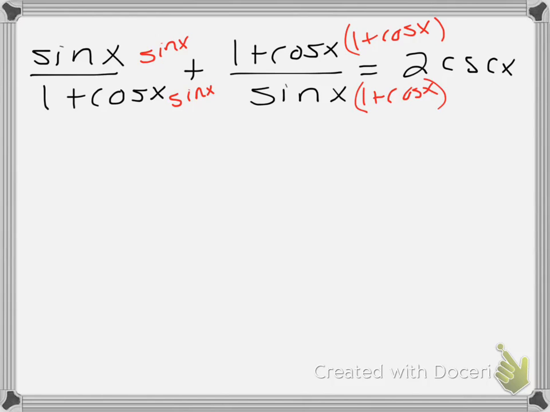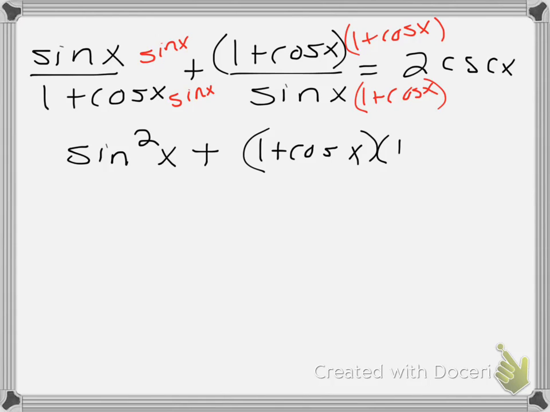Sine of x times sine of x will give me sine squared of x. Plus, now I have 1 plus cosine of x times 1 plus cosine of x. So I'm squaring that quantity, which means I'm going to be foiling it.